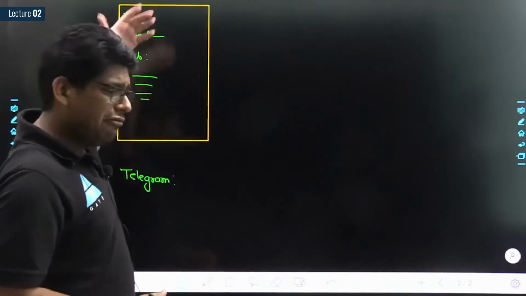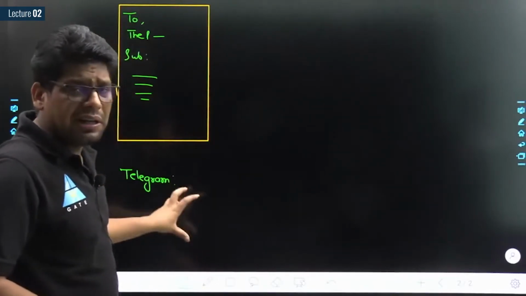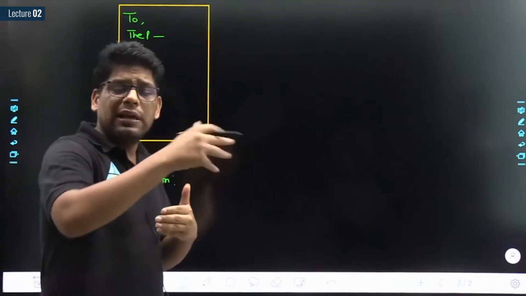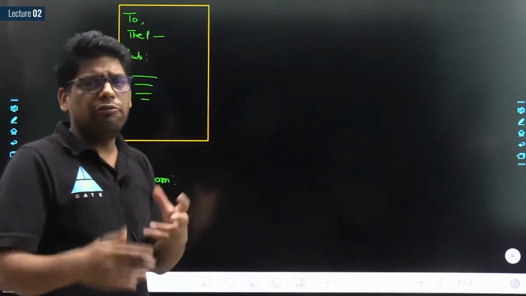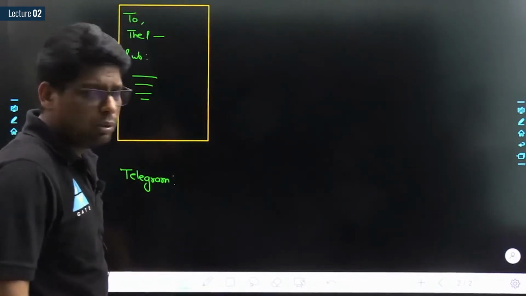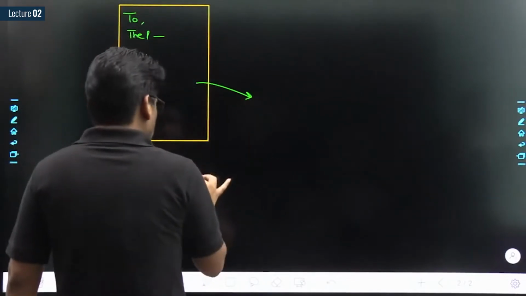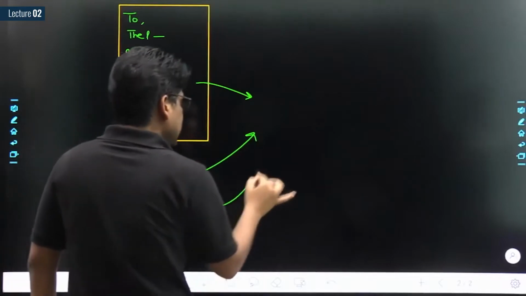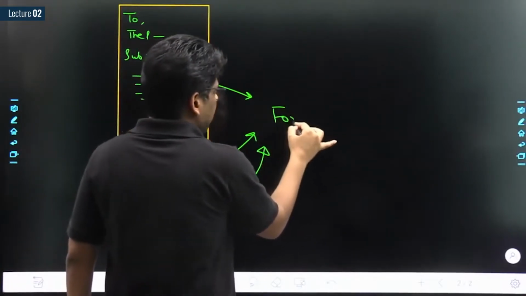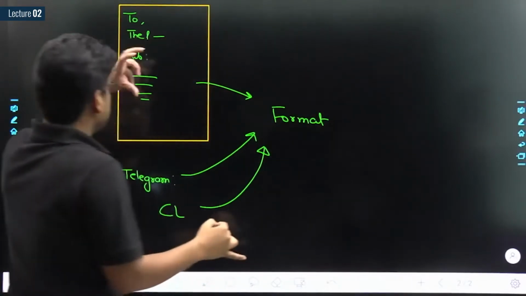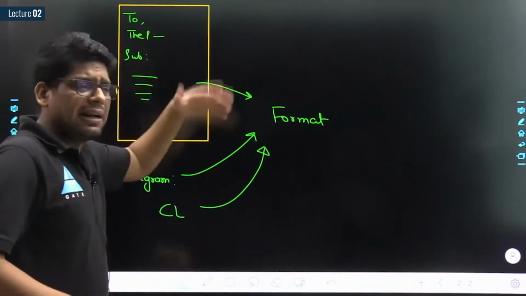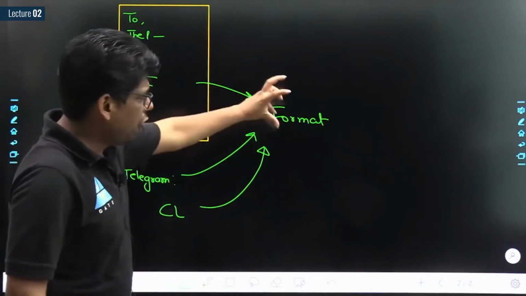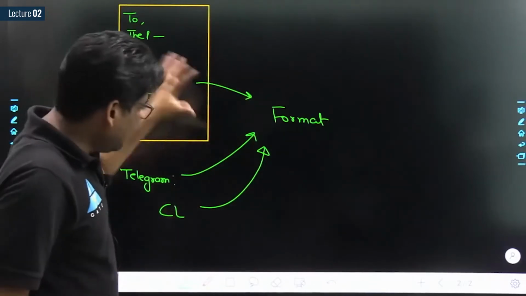So everything, whether it is an application or a telegram or a formal casual leave, any kind of formal letter, has a particular format. Salutation is there, then subject, then content, then regards. Everything has a format. Am I right or not?